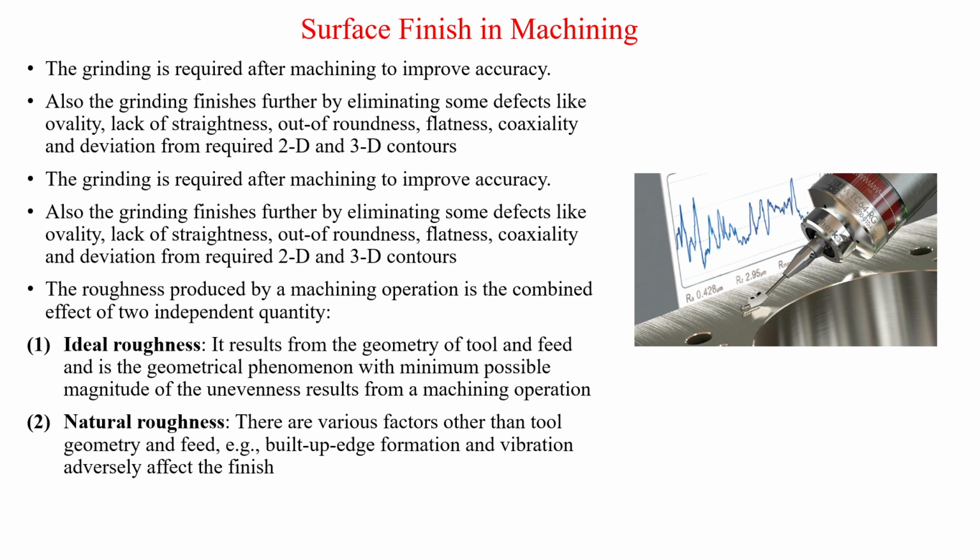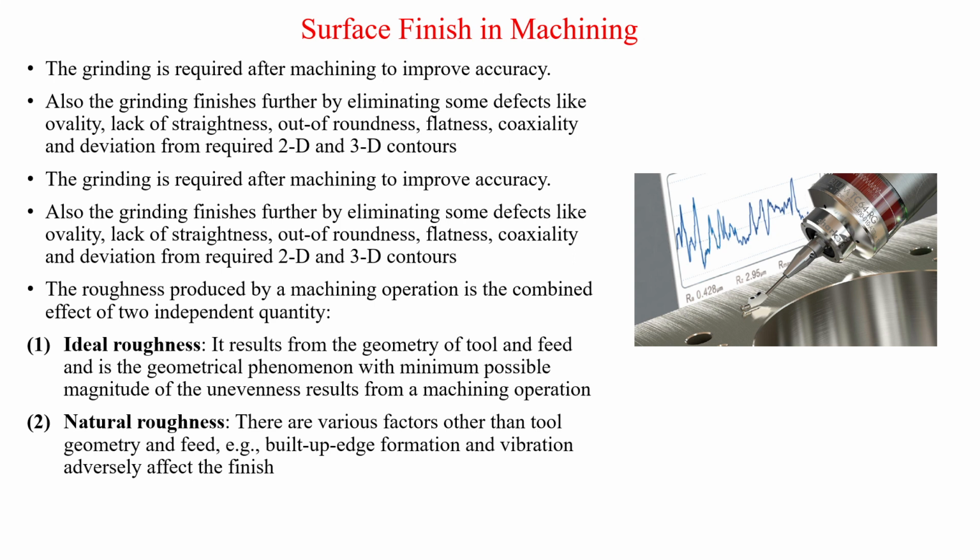Grinding finishes further by eliminating defects like lack of straightness, out of roundness, flatness deviation, etc. Therefore, immediately after the machining process, the grinding process is required to remove the unwanted irregularities from the surface. It also helps in improving the accuracy. Fine.